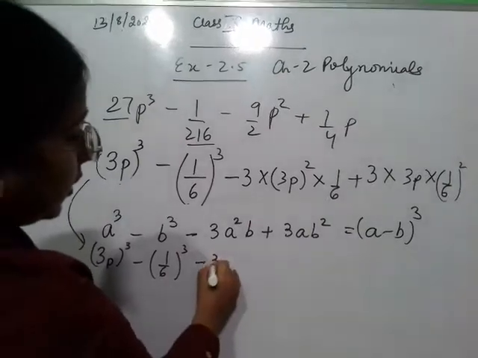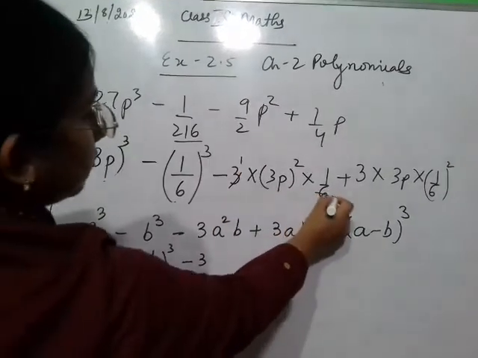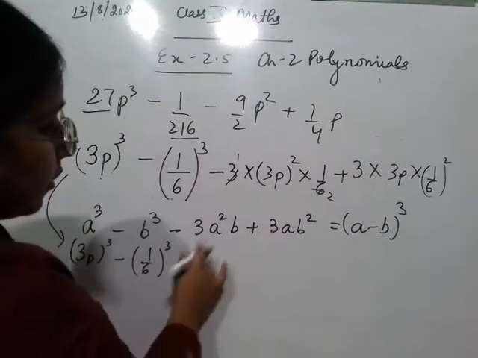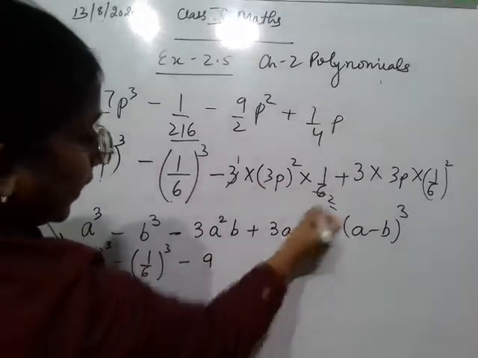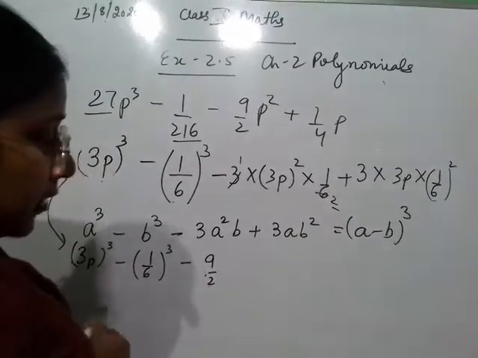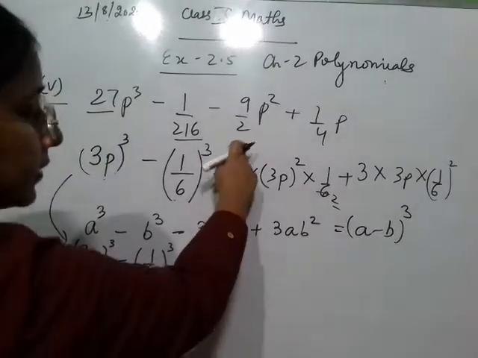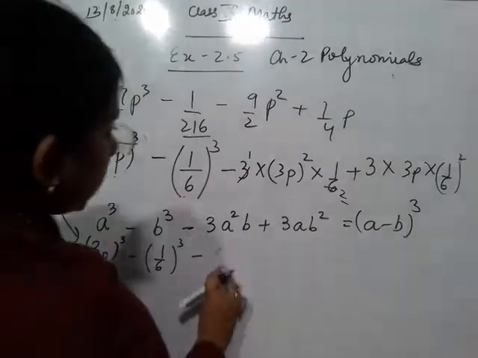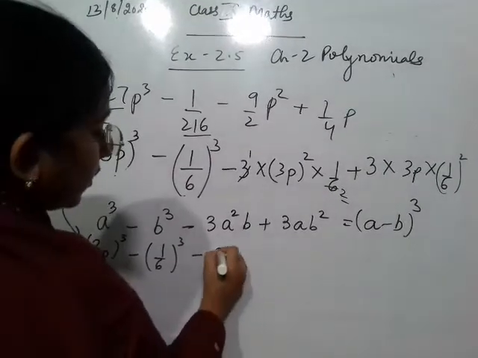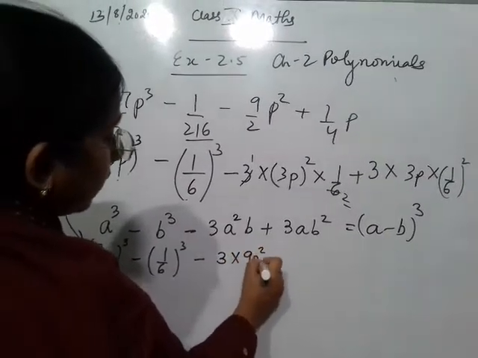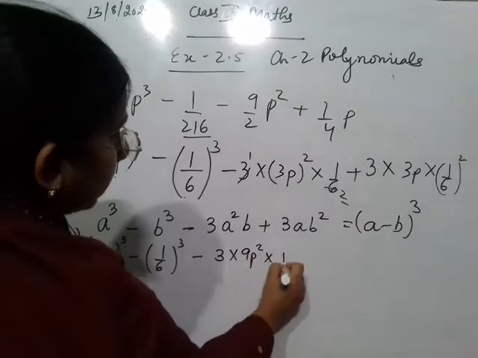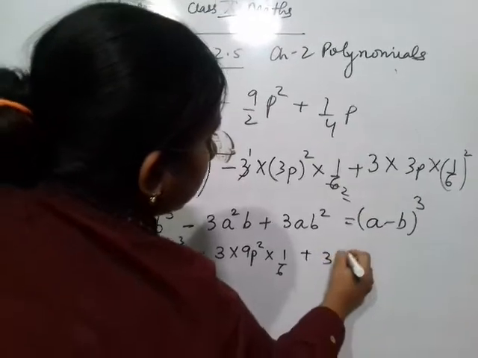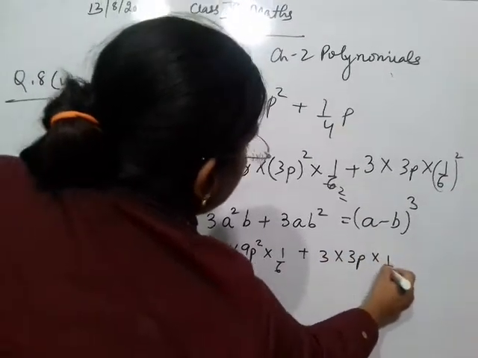Now solving this, 3 1s are 3, 3 2s are 6. So 3p square, it is 9 by 2. We have got this 9 by 2 p square, that means it is correct. We have done the correct one. So we will not do this. So simply we will write 3 into 9p square into 1 by 6, plus this one, 3 into 3p into 1 by 36.